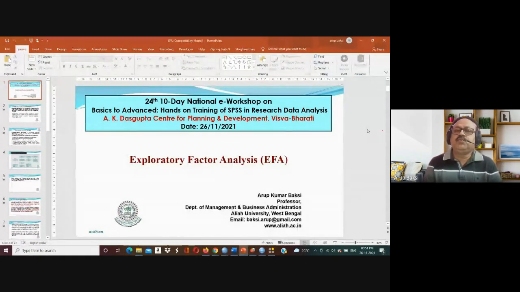And number two, whether the data that I have collected supports this kind of test to be undertaken. A researcher can have access to nominal data, ordinal data or scale data. So all different kinds of statistical procedures cannot be applied across these different kinds of data sets. There has to be a perfect match with the kind of data.